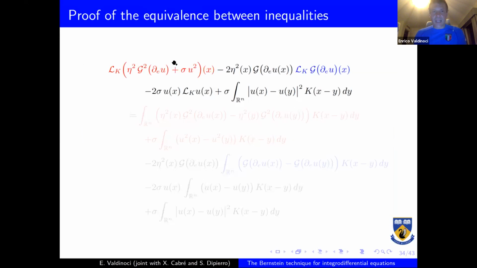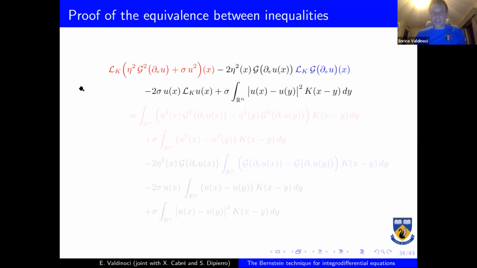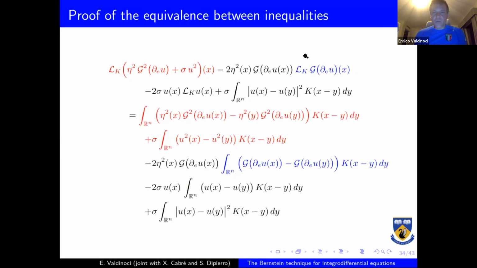So basically, you write down the first line, which is basically this object in the key inequality, and you want to see how far it is from the second. Well, you have to expand the integral operators of the auxiliary function, and you do it. The integral operator, it's a general fact, so I'm putting here an additional g, but I will take g as the identity later on.